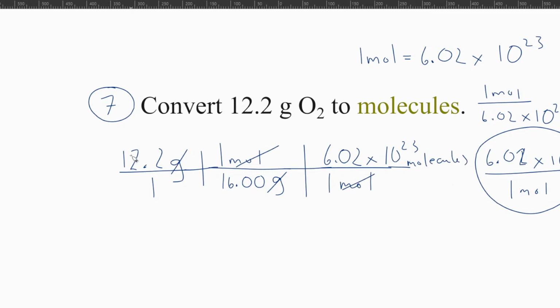And I would probably just 12.2 divided by 16.00. Well, actually, I would multiply this, and I would add this at the end. So I think we end up with 4.59. That's 12.2 times 6.02, and then divided by 16, and now just add times 10 to the 23rd on the end. That's it.